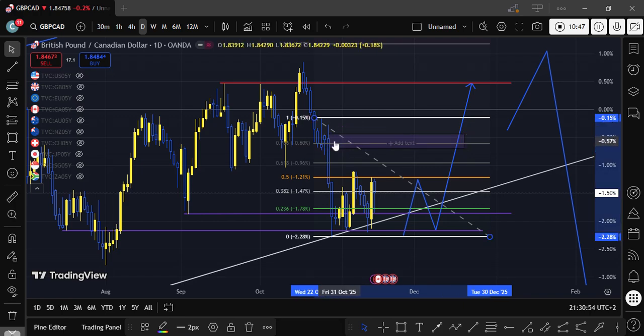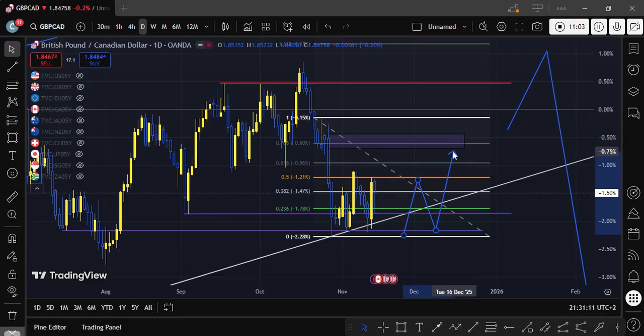For those who understand order blocks, it may start from up there, but this is the last order block before the drop, and you can see how beautiful that drop is. So it tells you that this is the last order block.